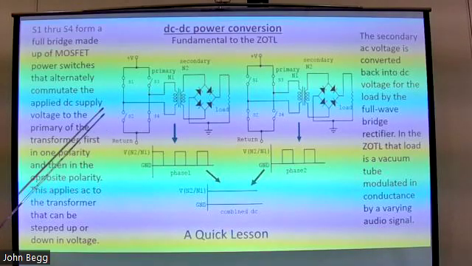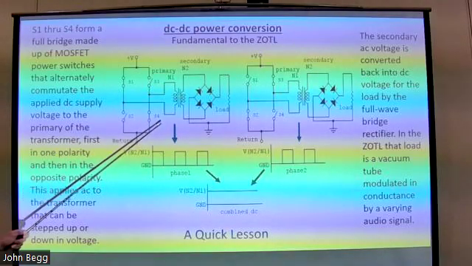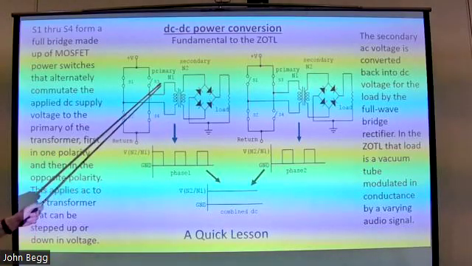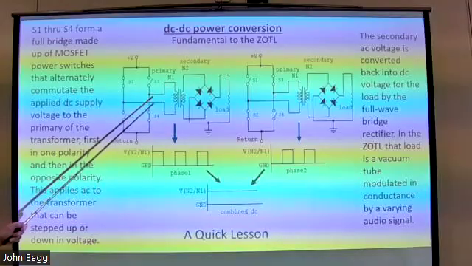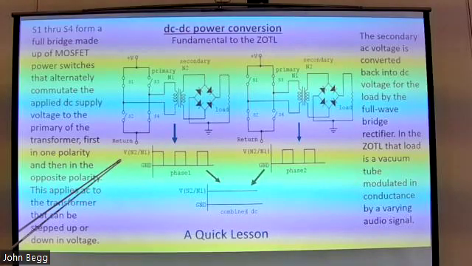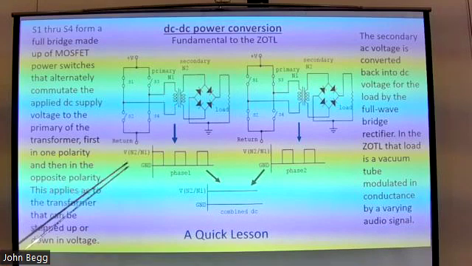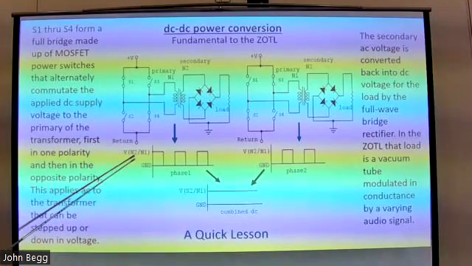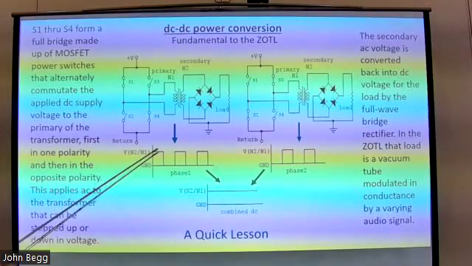That applies the return, or 0 volts, to this side now, and it applies V plus to that side. So you get a square wave through your transformer, and I've represented that here with a voltage that is the number of turns N2 divided by N1 times the V plus voltage. That's the amplitude, but it's a square wave.